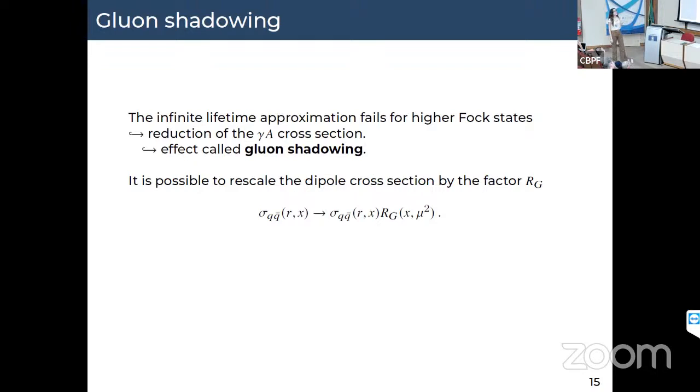And this will be called the gluon shadowing effect. Since this effect is related to the gluon radiation, the best way to describe this is by renormalizing the QQbar cross section. So we will multiply the dipole cross section by the suppression factor, the RG factor.